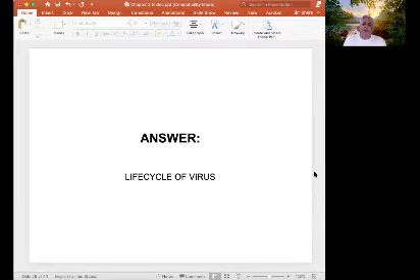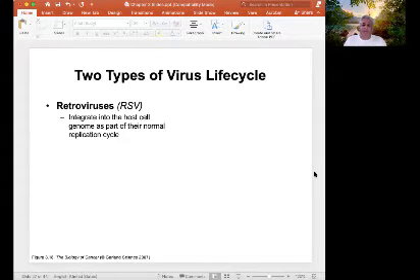So the question is, how do viruses cause tumors? And the answer is, it depends on the type of life cycle and the nature of the host cell, okay? The most important thing for us to learn is that there are two types of virus life cycle for normal viruses. The retroviruses integrate into the host cell as part of their normal replication cycle.